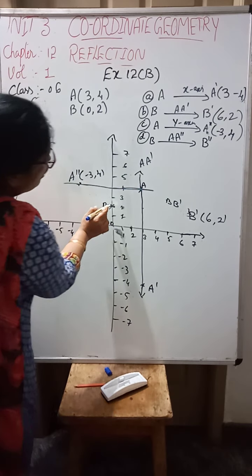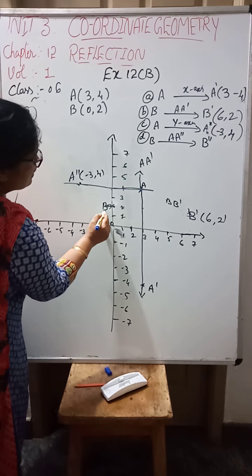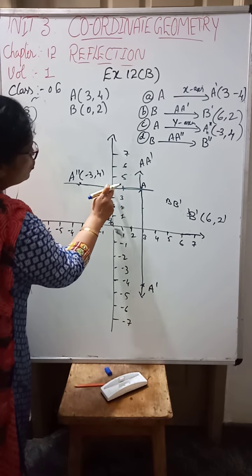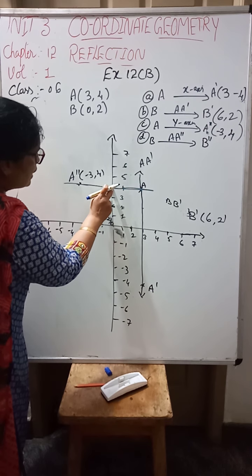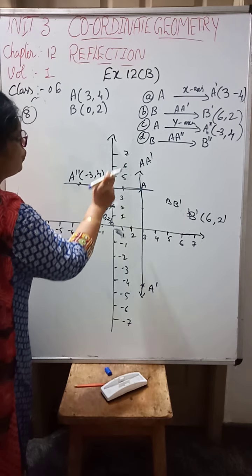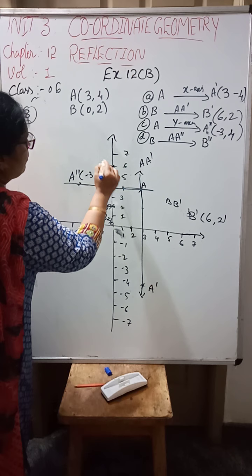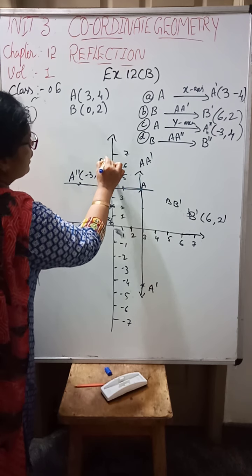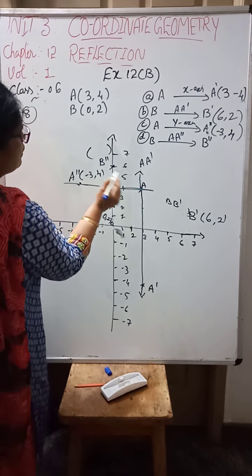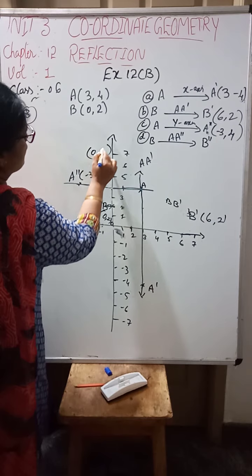So here we have to count: this is (0, 2), and here 1, 2, and again from this mirror line it will be reflected towards the opposite side 1, 2. So the B double dash takes place here. That is B double dash will be (0, 6).